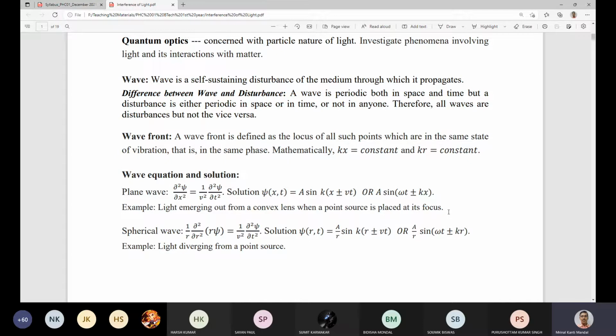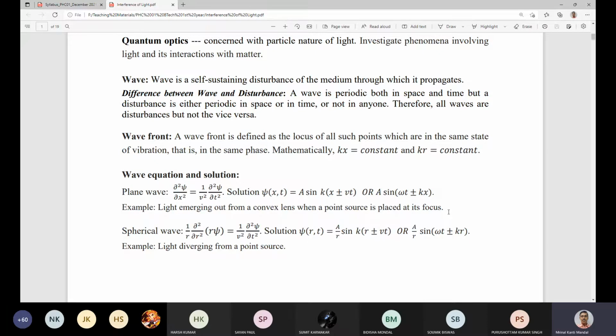Another example we can consider is the spherical wave. The representation of the spherical wave, that is the radial part, is 1 by r del square by del r square of (r psi), equal to 1 by v square del square psi by del t square.